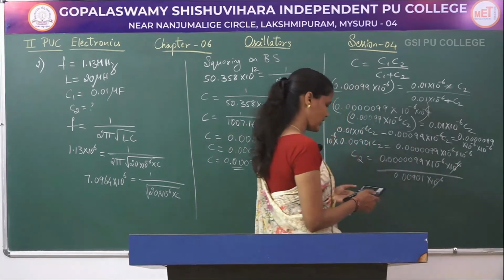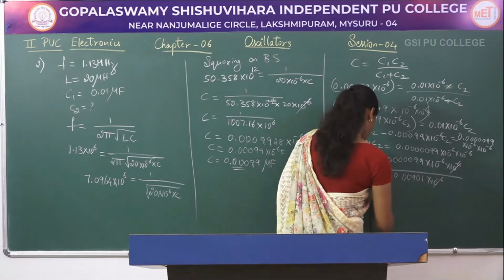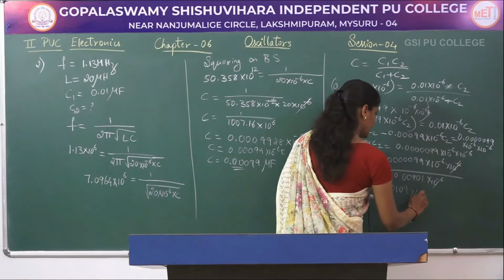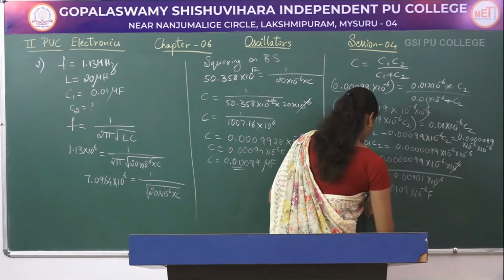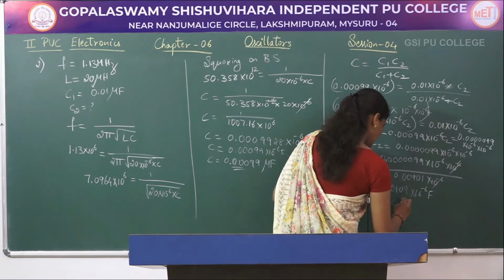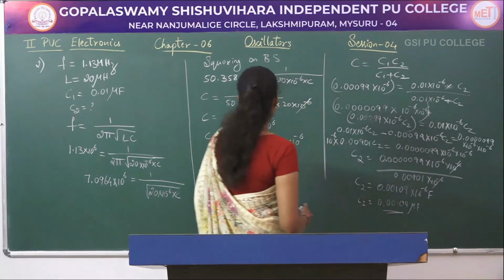This gets cancelled, so I will be left with, so C2 value is equal to 0.00109 into 10 to the power of minus 6 farad, or C2 is equal to 0.00109 microfarad. So this is the answer.